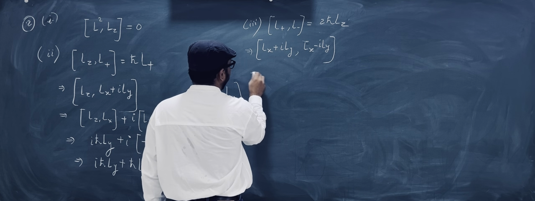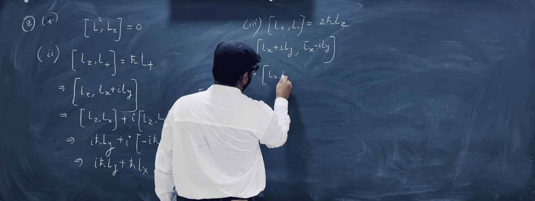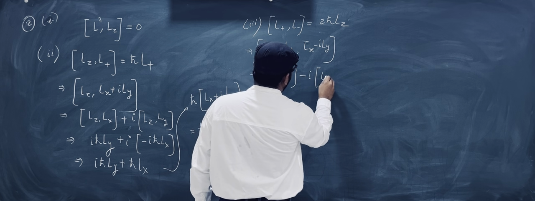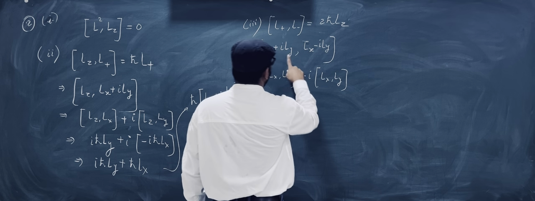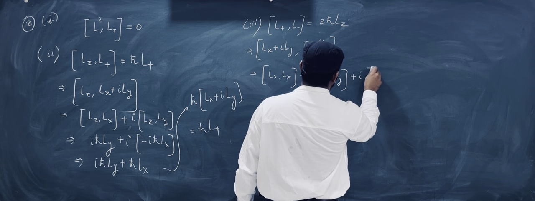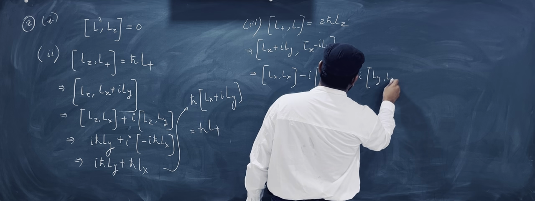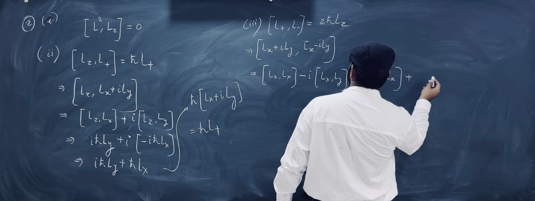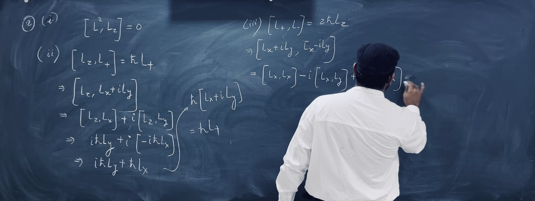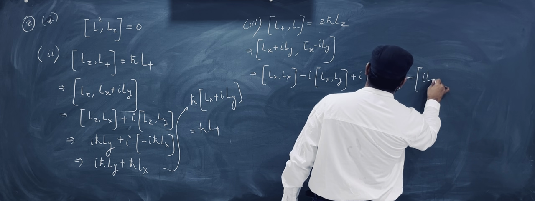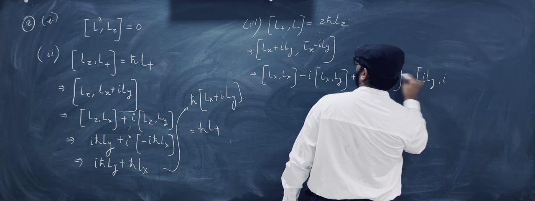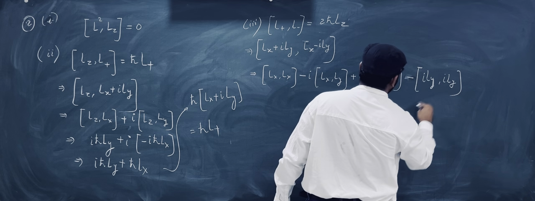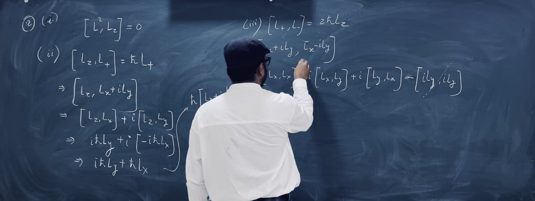So this can be expanded as Lx square, then minus I Lx Ly, plus I Ly Lx, and minus I Ly Ly. So these two terms are 0.